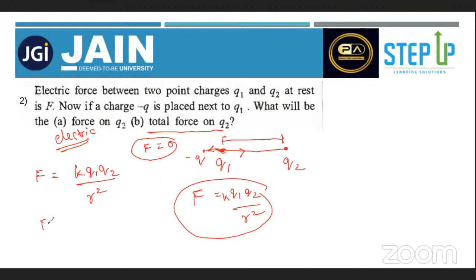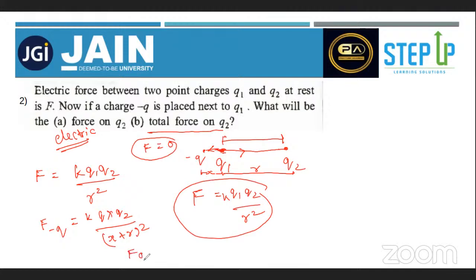Because of minus q, if there is some distance x here, and from here to there is r, I write F because of minus q as K q into q2 upon x plus r whole square, if the magnitude is not the same.